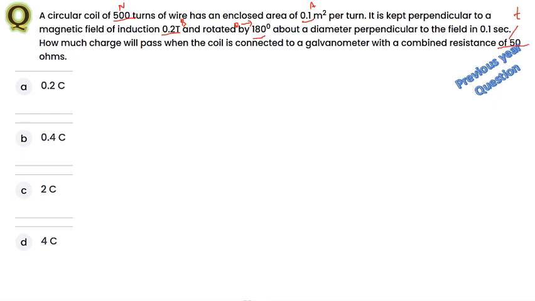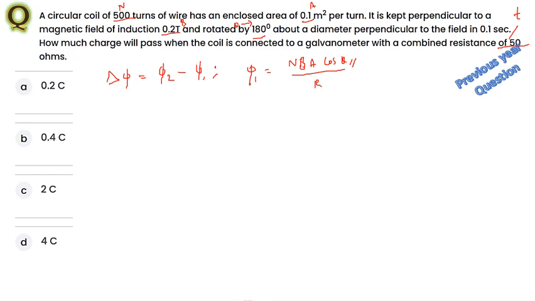Now previously you can see, del phi is equal to phi 2 minus phi 1. This is the concept here. In this case phi 1, hope you remember, is NBA cos theta divided by R. Now in this case the coil is perpendicular to the axis, so the only change here is the magnetic field according to that area.